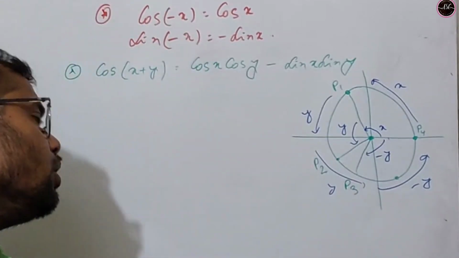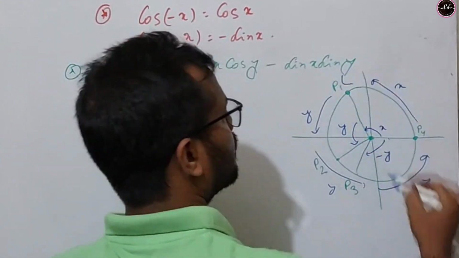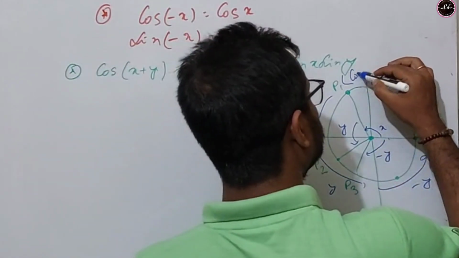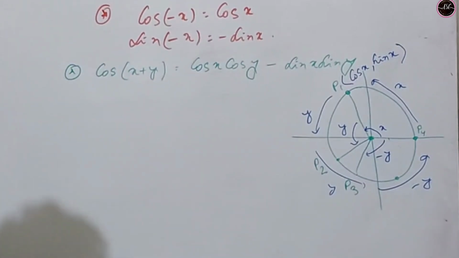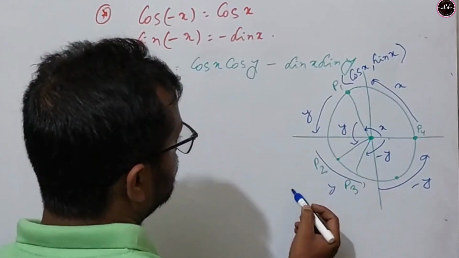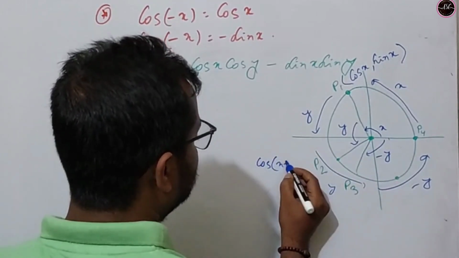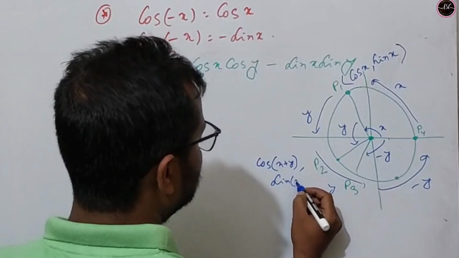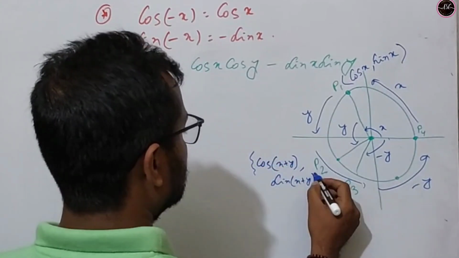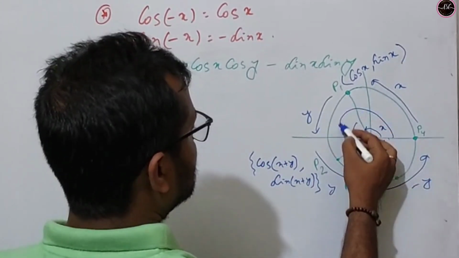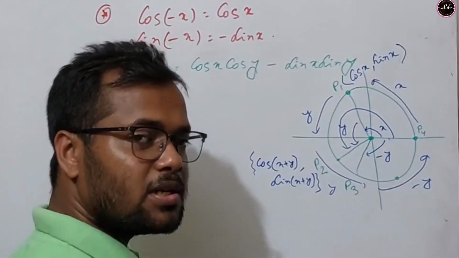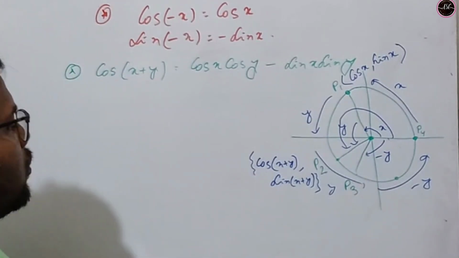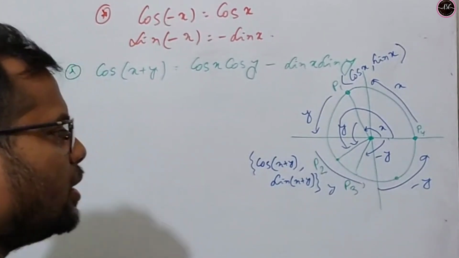We have previously known the coordinate of P1 will be cos x, sin x, and the coordinate of P2 will be cos of x plus y comma sin of x plus y, as this is the total angle x plus y from the initial position. And what will be the coordinate of P3?